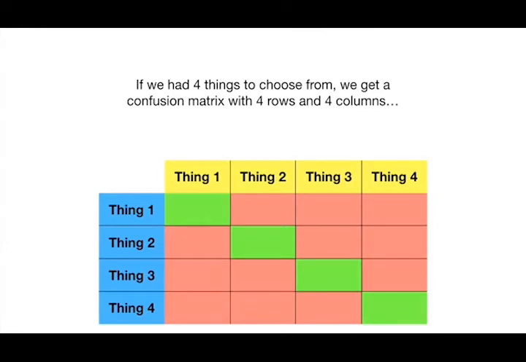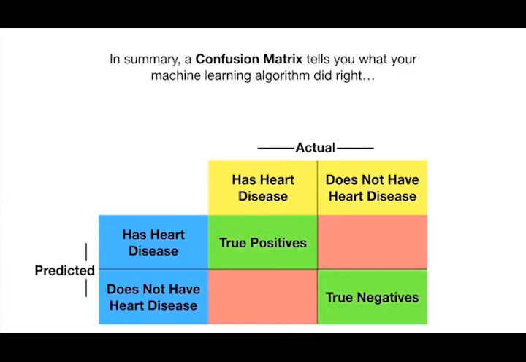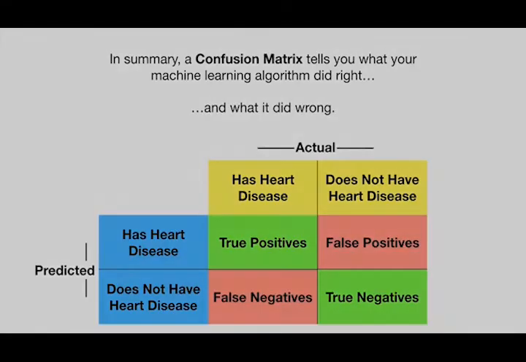If we had 4 things to choose from, we get a confusion matrix with 4 rows and 4 columns. And if we had 40 things to choose from, we get a confusion matrix with 40 rows and 40 columns. Double bam! In summary, a confusion matrix tells you what your machine learning algorithm did right and what it did wrong.